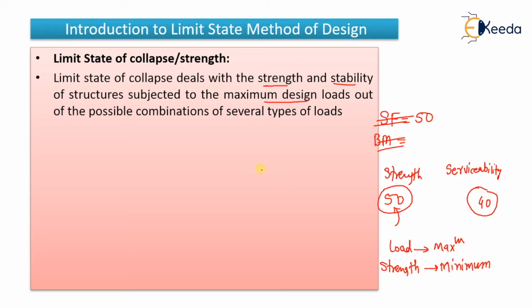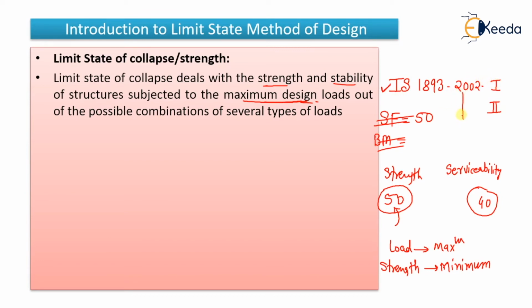So we will take the maximum design load, and not only the maximum design, we will have certain possible several combinations. Now what does that mean? We have one IS code that you have to use, IS 1893, and the year is 2002. It has 2 parts, part 1 and part 2. So you have to refer to IS 1893 2002 part 1.